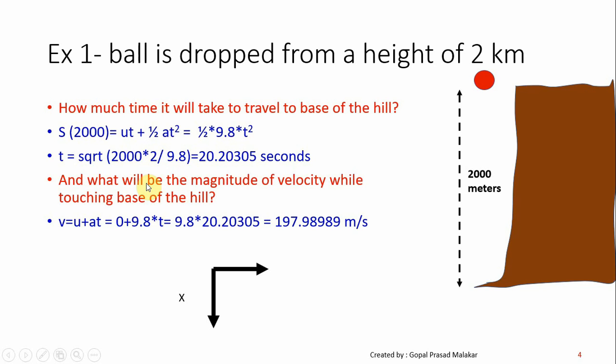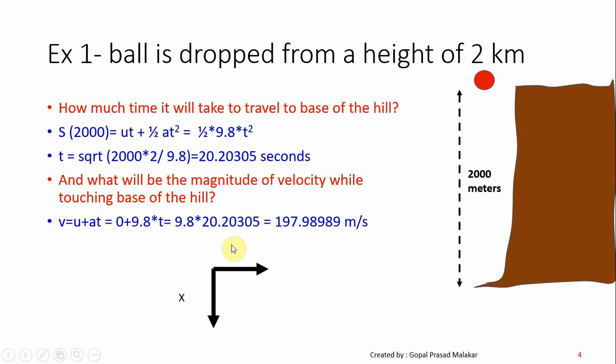Then if somebody asks the magnitude of the velocity while it is touching the base of the hill, we need to know the time, and then u plus at, u is 0 plus 9.8 into this time, gives you 197. So in two steps: you first have to find the time, and then you get the v.